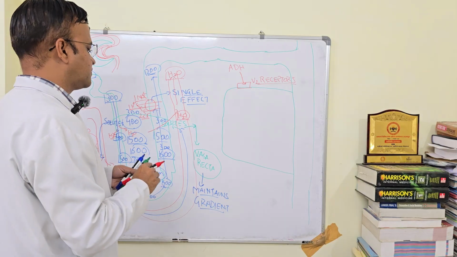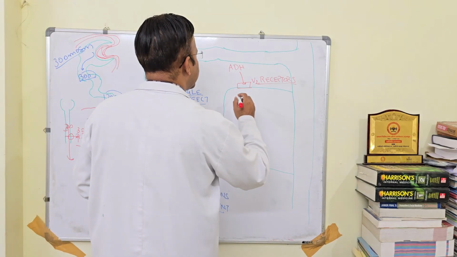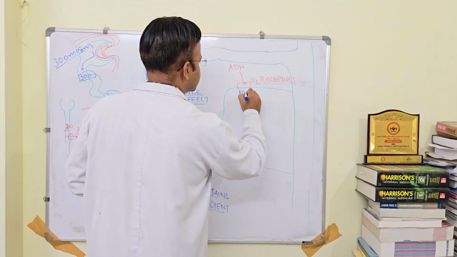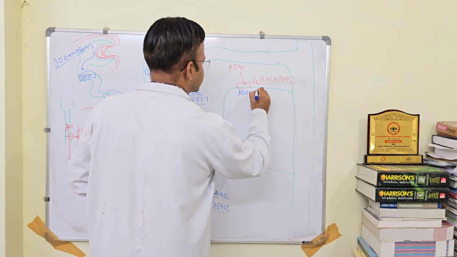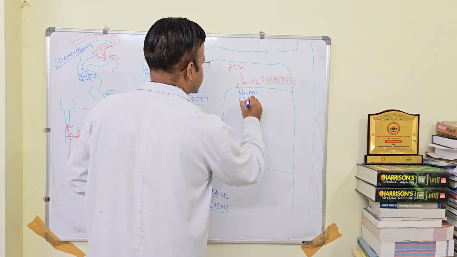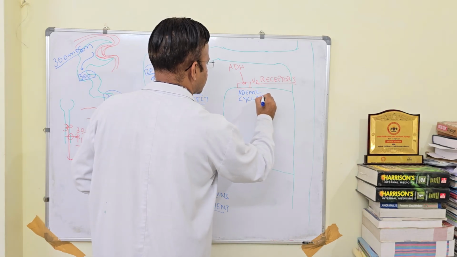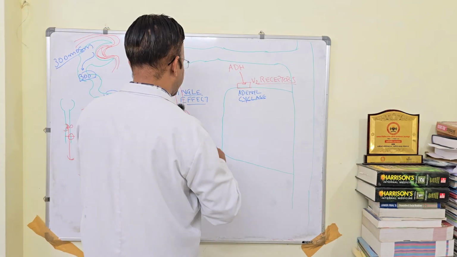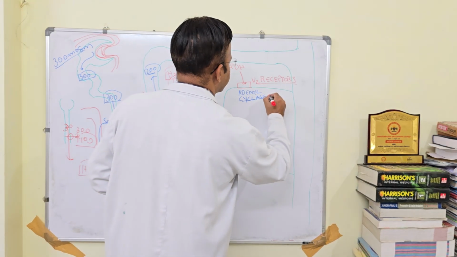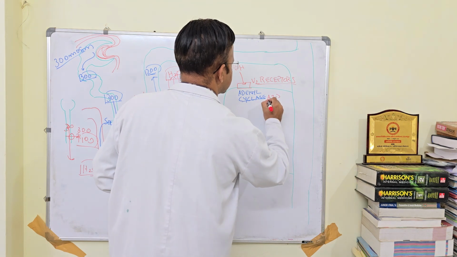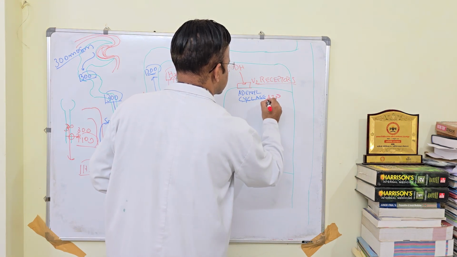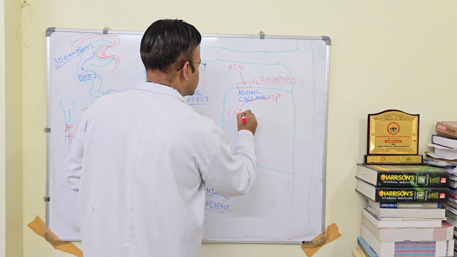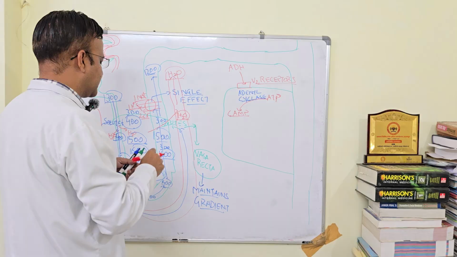And these V2 receptors will act by which mechanism? They are going to increase the level of adenyl cyclase. And what will adenyl cyclase do? Adenyl cyclase will convert your ATP to cyclic AMP. What will cyclic AMP do?